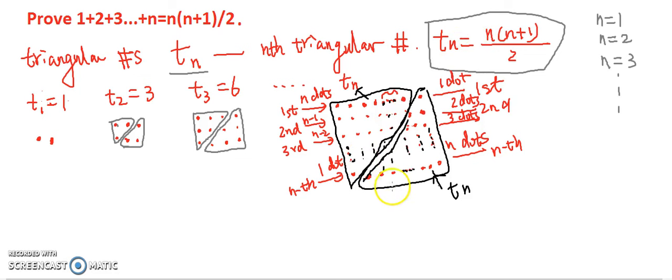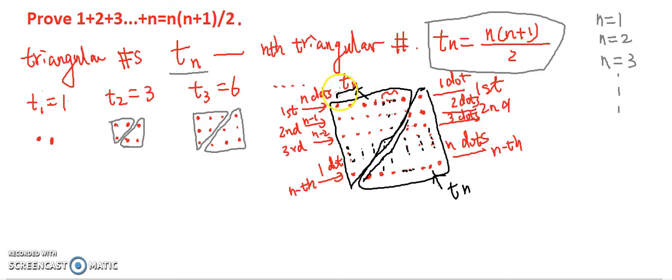So I'm going to look at the shape. When these 2 triangular shapes are put together, we get n plus 1 dots in the first row. Let's use a different color.